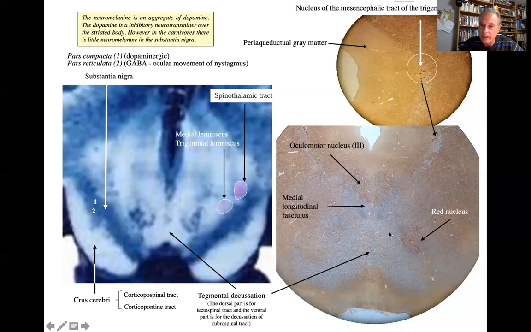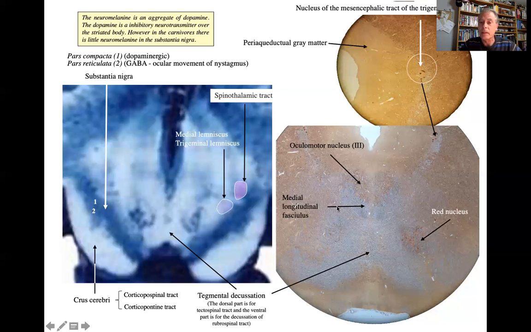Then we have here the tegmental decussation, right? The tegmental decussation. This is a decussation of fibers. I have said before that there was a tract, the tectospinal tract. We'll see this tract later in another lesson. The tectospinal tract starts at the level of the rostral colliculus.